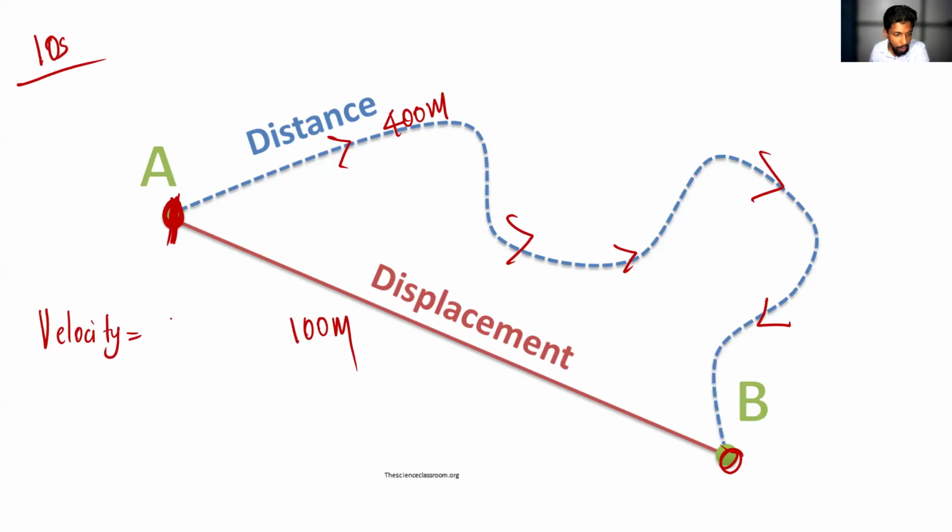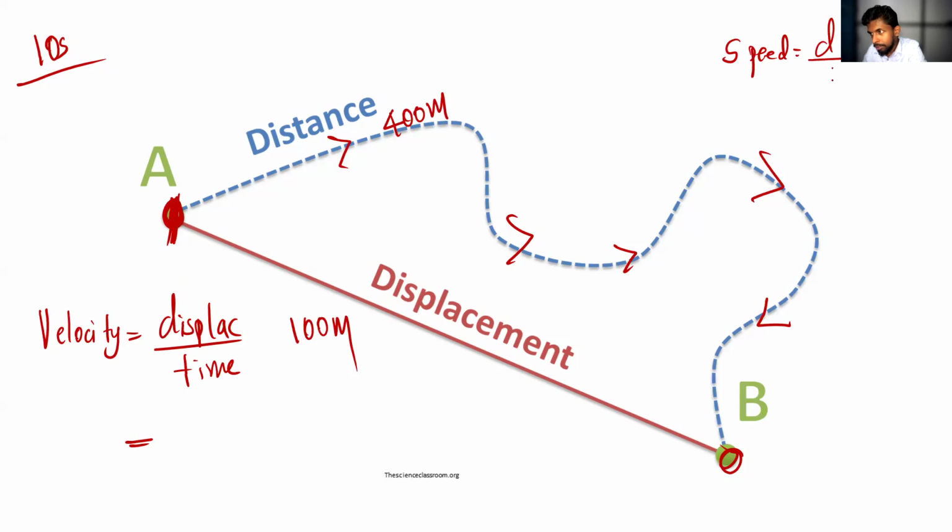Velocity is equal to displacement over time, and speed is equal to distance over time.